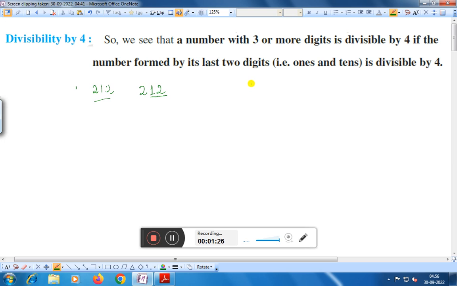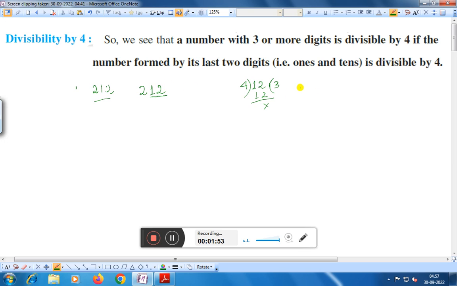If we divide 12 by 4, 4 threes are 12. Therefore, you can say that 212 is also divisible by 4.